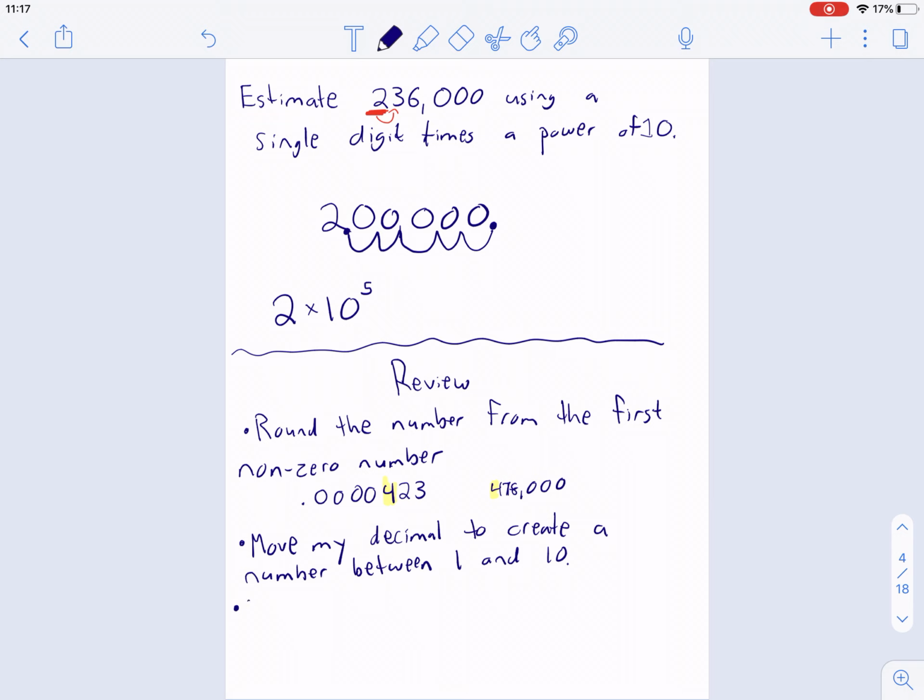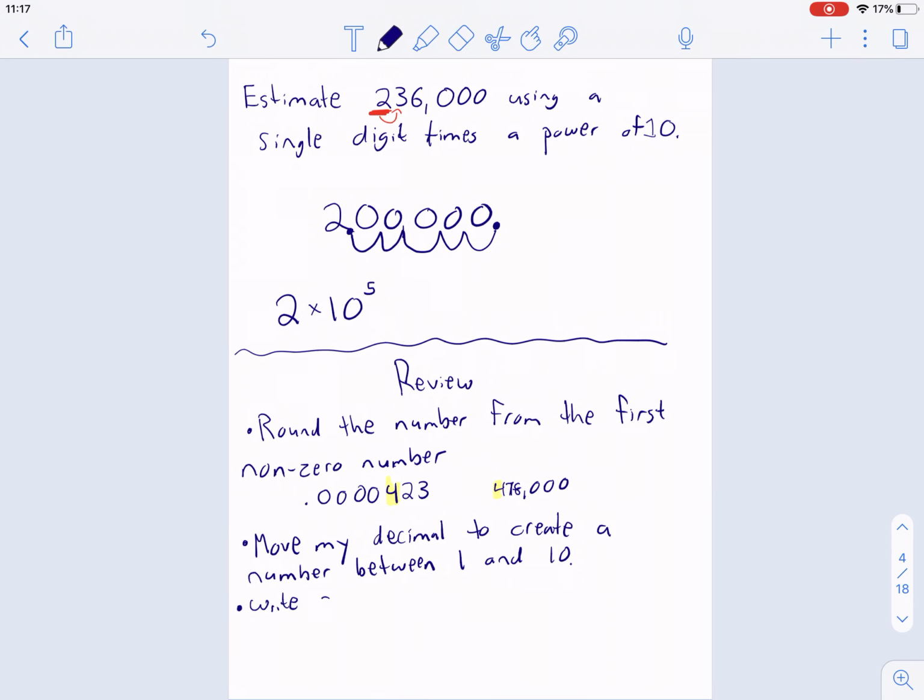Then we write an expression with the number times 10 to an exponent.